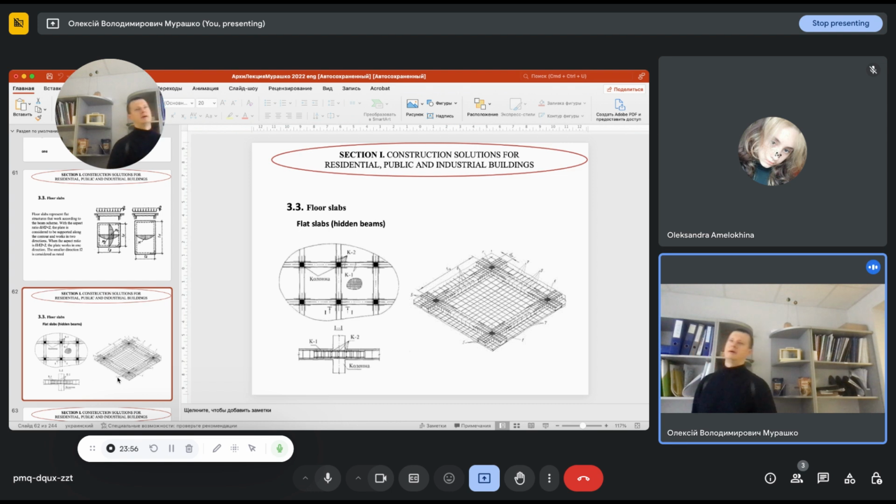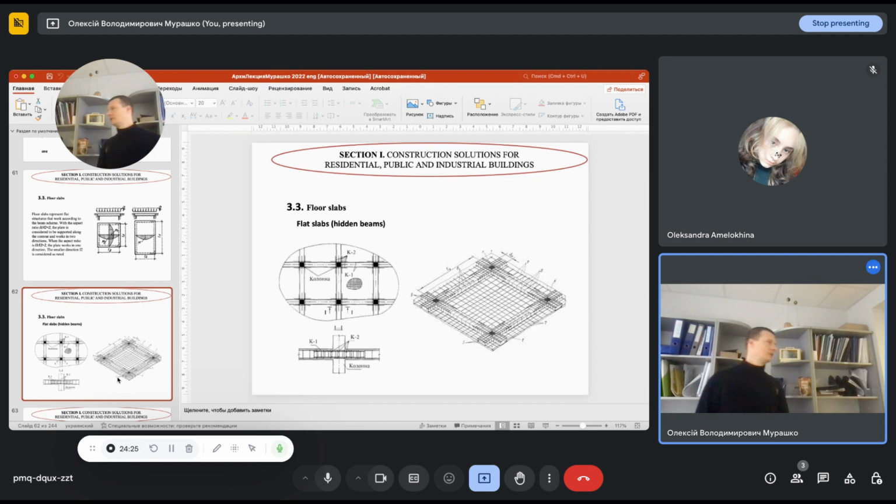We can define that we have frame buildings with slab with longitudinal beams, with transverse beams, with orthogonal beams, and with flat slabs. And flat slab buildings are most widely spread in residential construction.